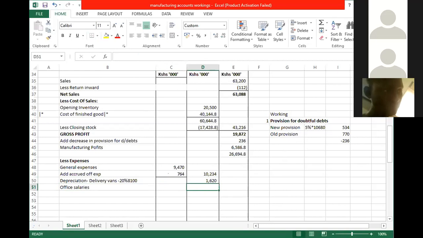Is it affected by any other additional information? $2,500, right? 2,500. Any other? Wages? We have office wages.